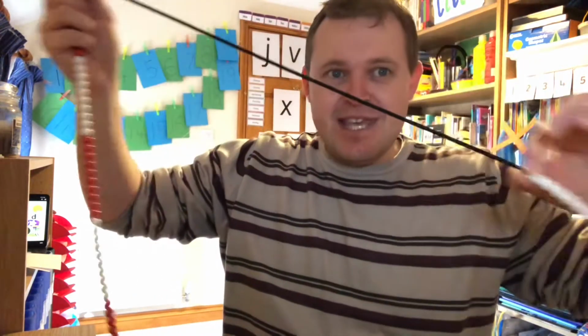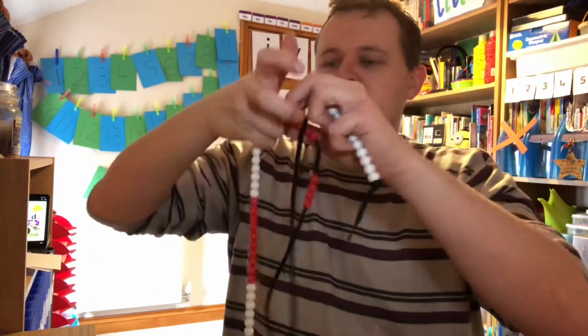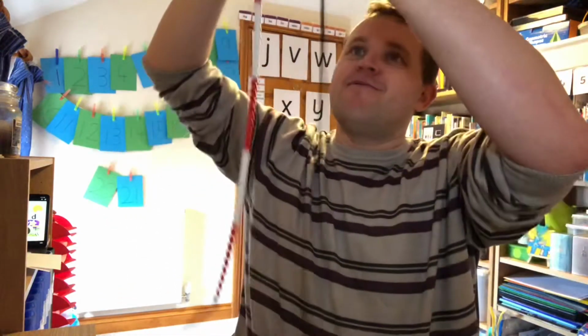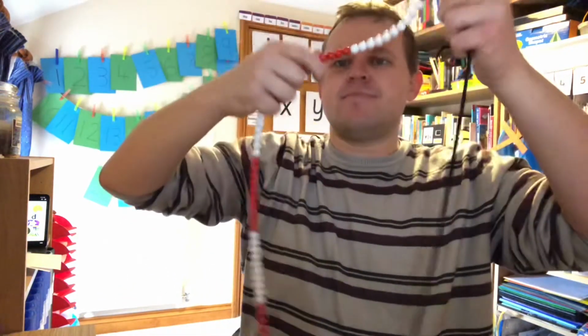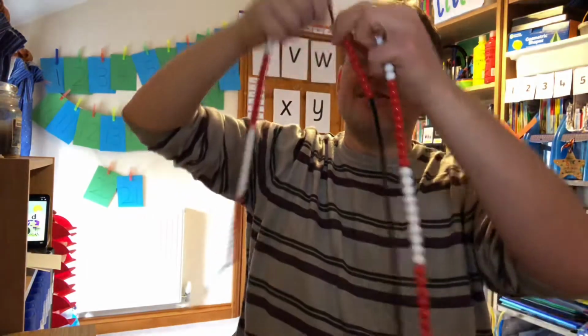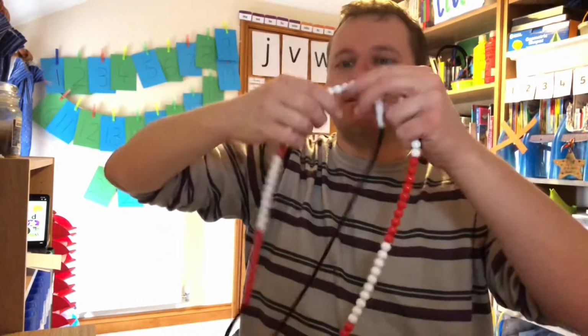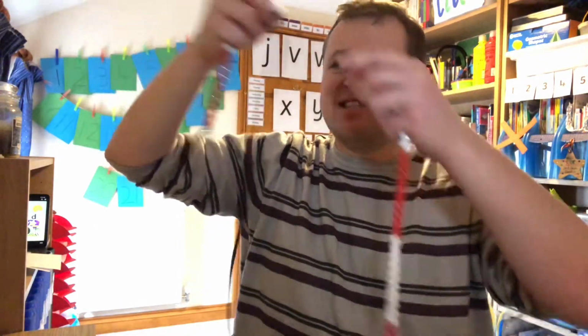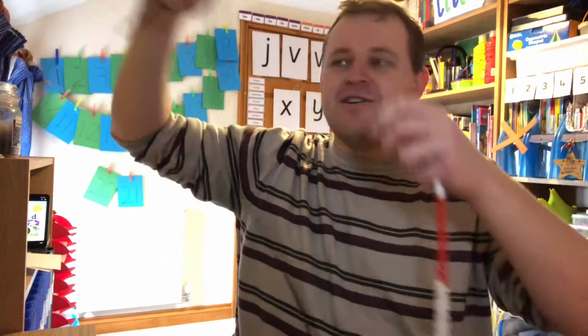So we've got 10, 20, 2 tens are 20, 30, can you see I'm counting tens at a time, 40, 50, got 1, 2, 3, 4, 5 tens so far, 50, then it goes 60, 70, 80, 90, 100.